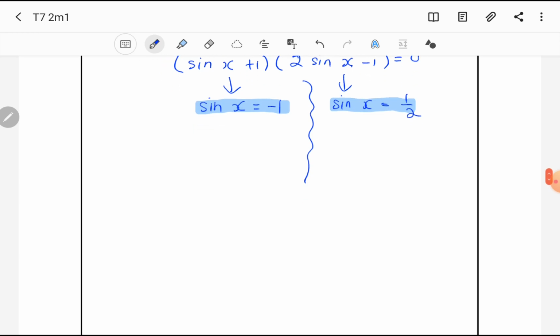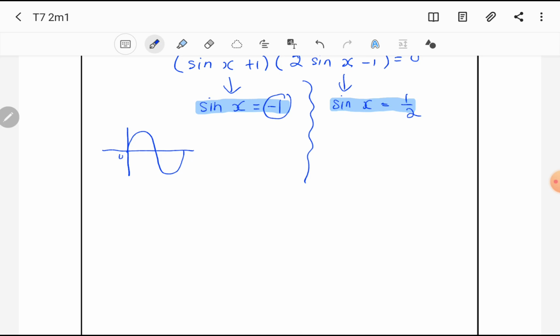Okay. So first, sin x equal to negative 1. Okay, negative 1 ni dia macam yang special tadi. Okay, so kalau awak refer dia punya wave, sin x dia starts from 0 and okay.